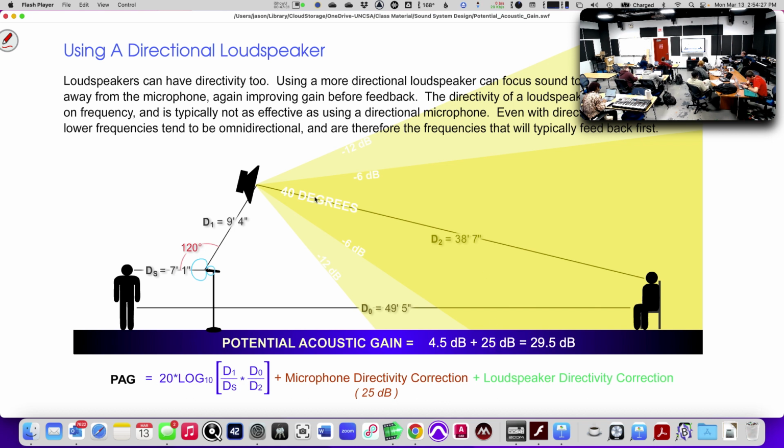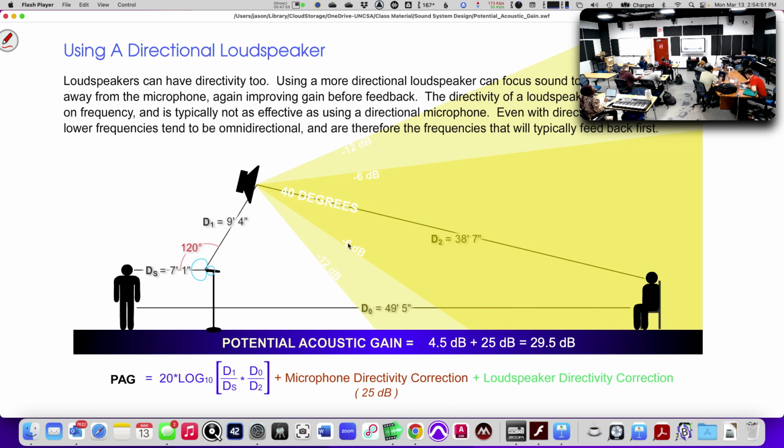But then I've got a loudspeaker that is pretty directional on the vertical axis. It's 40 degrees between 6 dB down points. Minus 12 degrees is wider, but the amount of sound left over to hit the microphone is less, and therefore I get another 25 dB as a result of that.